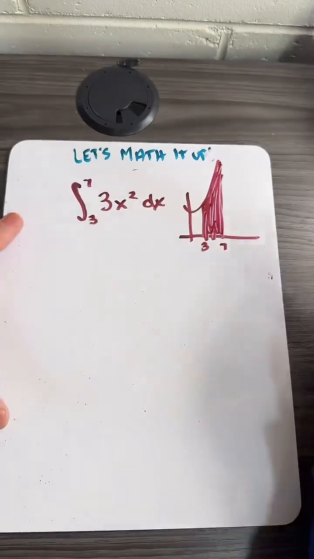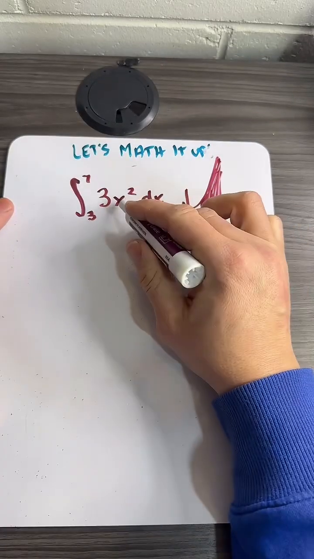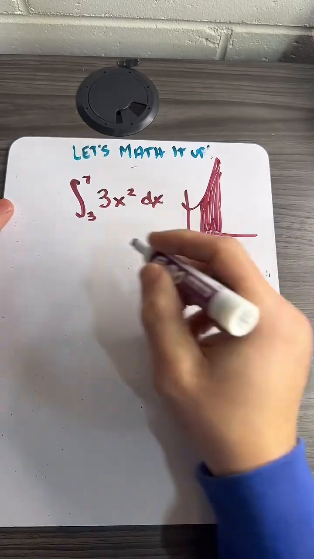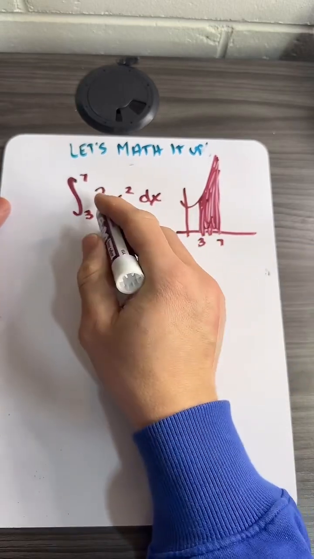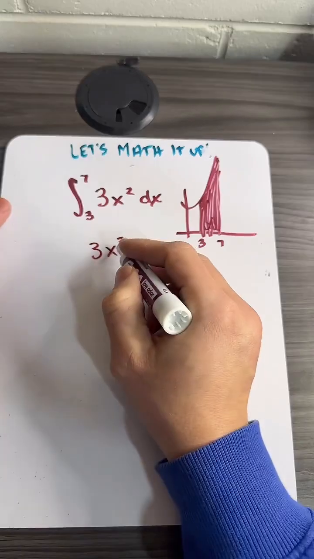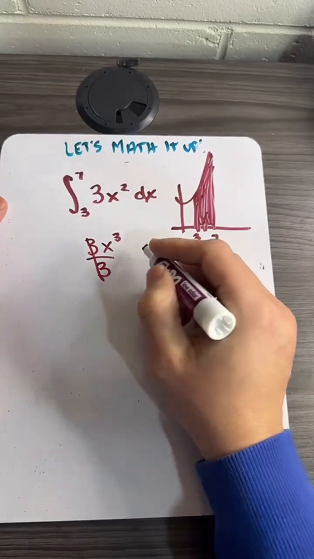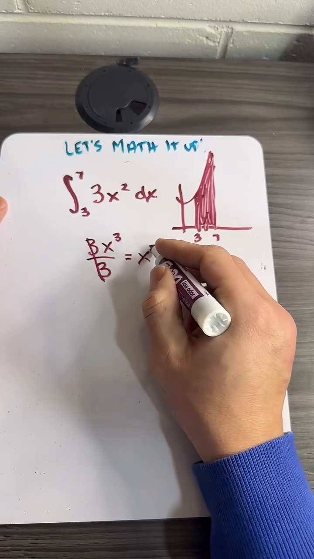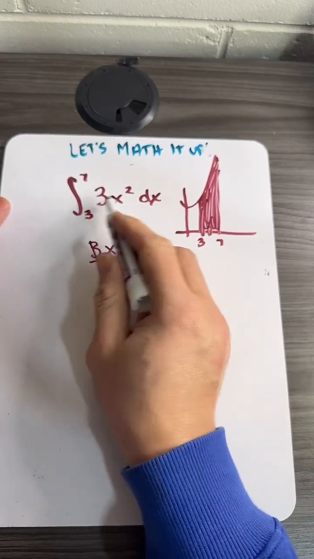So what I'm going to do is the reverse power rule. So 3x squared, I'm going to add a power to the 2, so it's going to be x cubed. Now I can put the 3 out there, so I'm just going to leave it here. It's kind of arbitrary. And then I divide by this power. So if I take the derivative of x cubed, I get 3x squared.